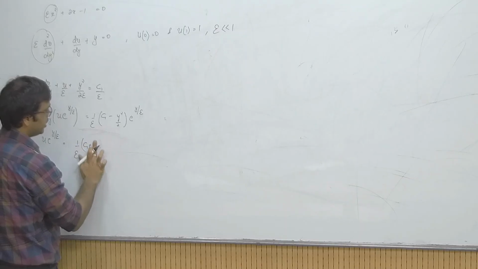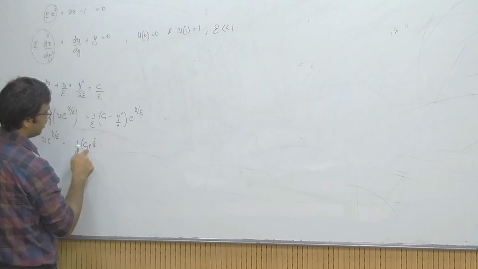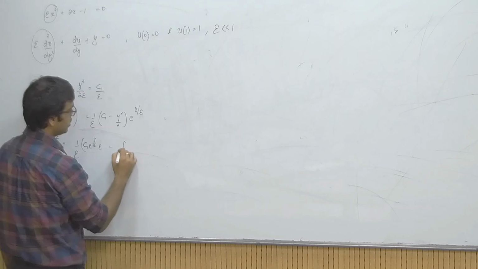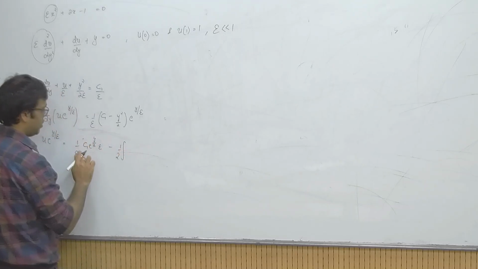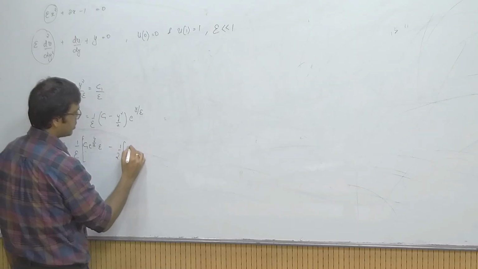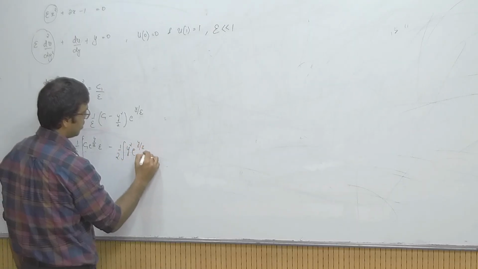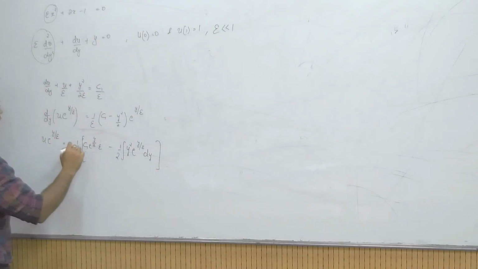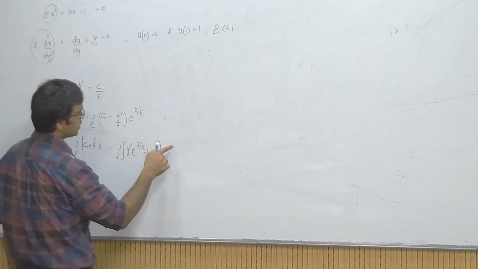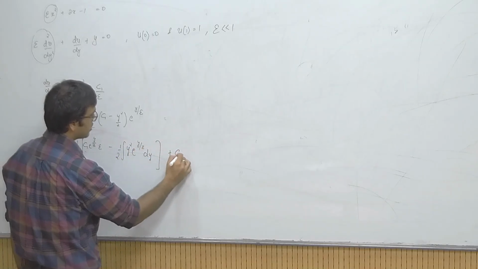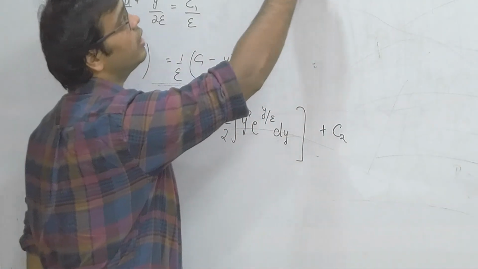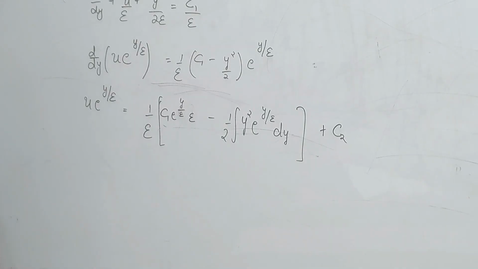So this would be e to the power y by epsilon divided by 1 by epsilon, so epsilon, minus the integration of y square e to the power y by epsilon dy. Okay, and then since we are doing indefinite integrals, plus some C2, and these C1 and C2 we will find when we use the two boundary conditions.